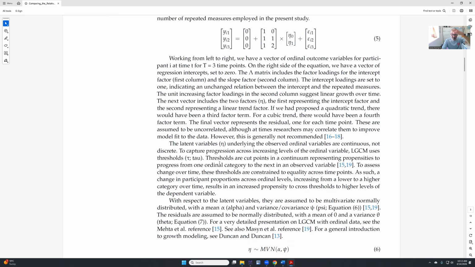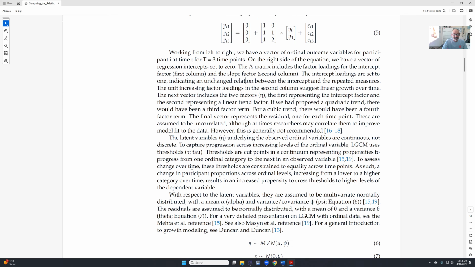The thresholds are cut points in a continuum representing propensities to progress from one ordinal category to the next in an observed variable. This is so cool. To assess change over time, these thresholds are constrained to be equal, right? If they remain equal, then if there's progression, it becomes easier and easier to cross these thresholds, right?